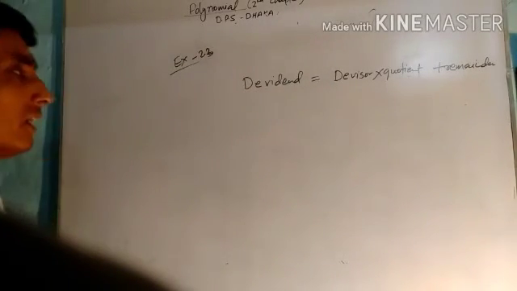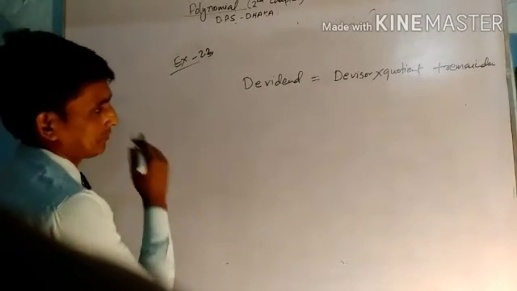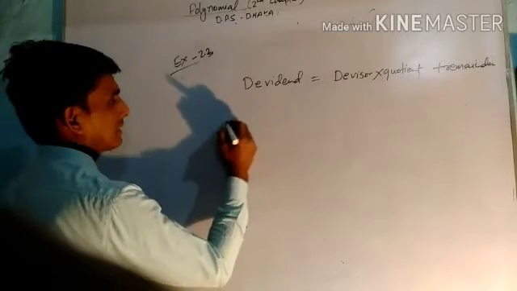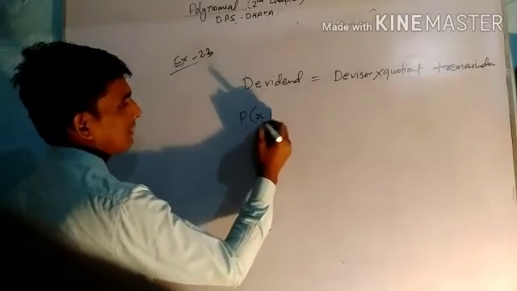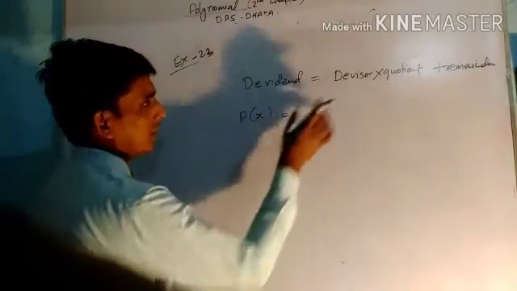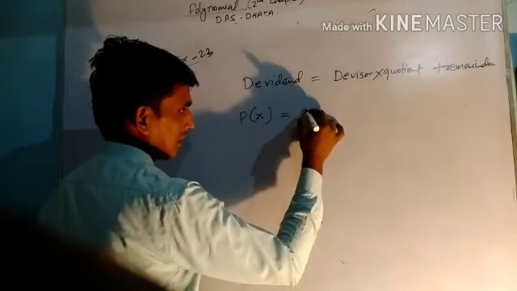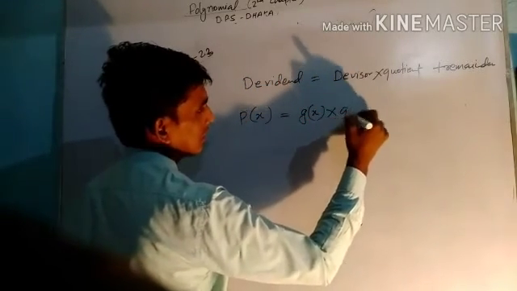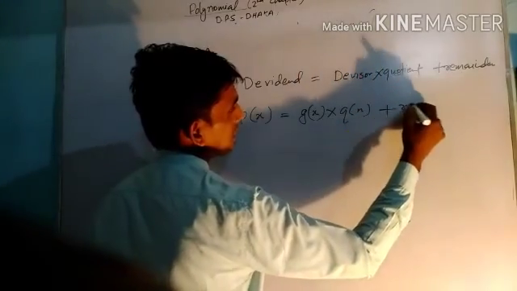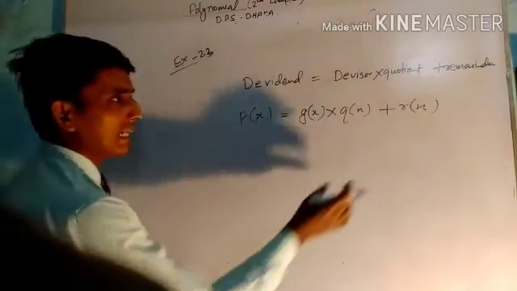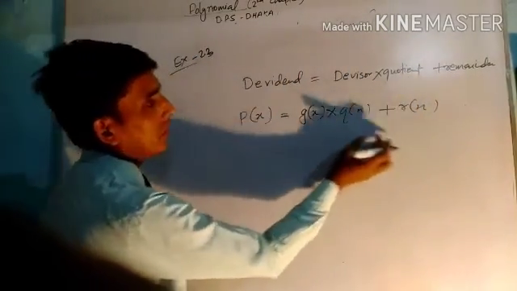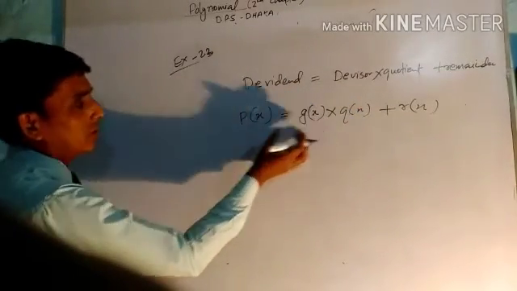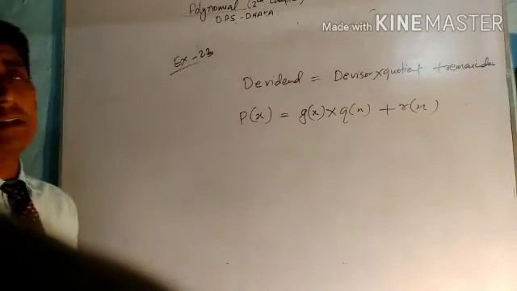So in case of a polynomial also, if we have any polynomial p(x), it is also equal to g(x) into q(x) plus r(x), where r(x) is the remainder polynomial, q(x) is the quotient polynomial, g(x) is the divisor polynomial, and p(x) is the dividend polynomial.